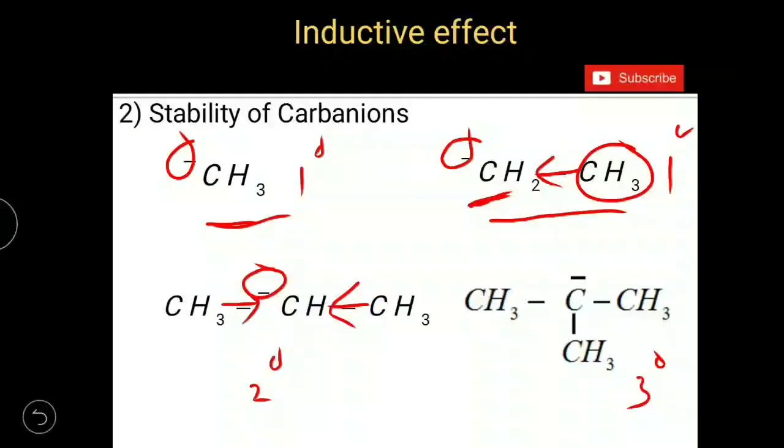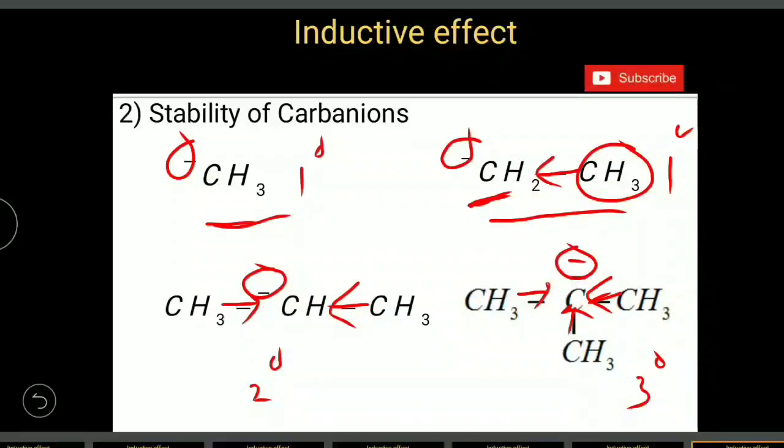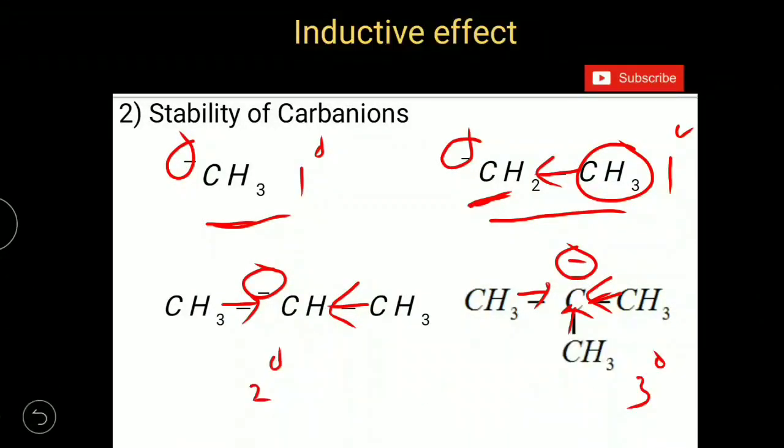In the same way, tertiary carbanion, three alkyl groups are bonded to the negatively charged carbon. Three electron pairs are coming close to the negatively charged carbon, which increases the charge on the carbon atom.